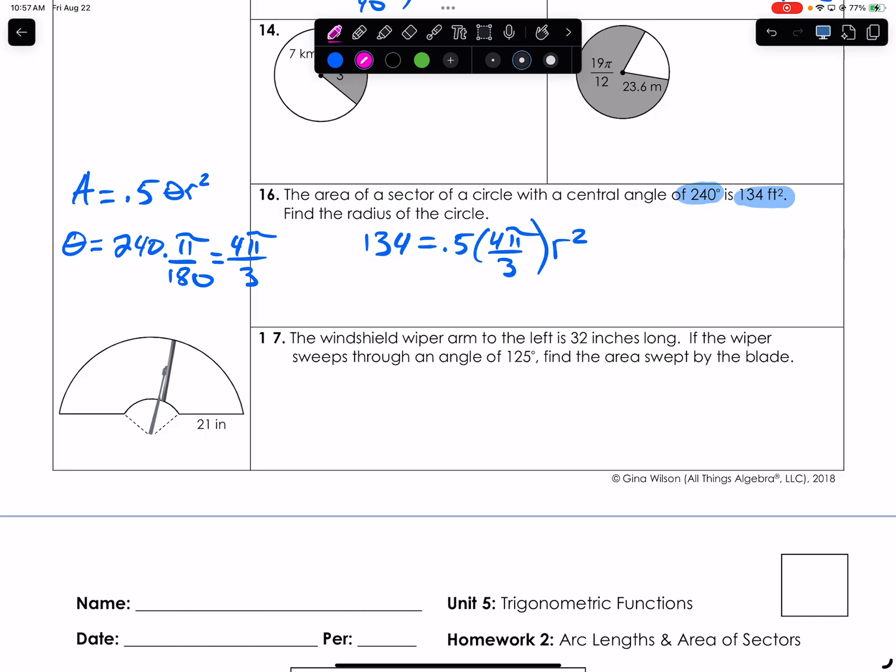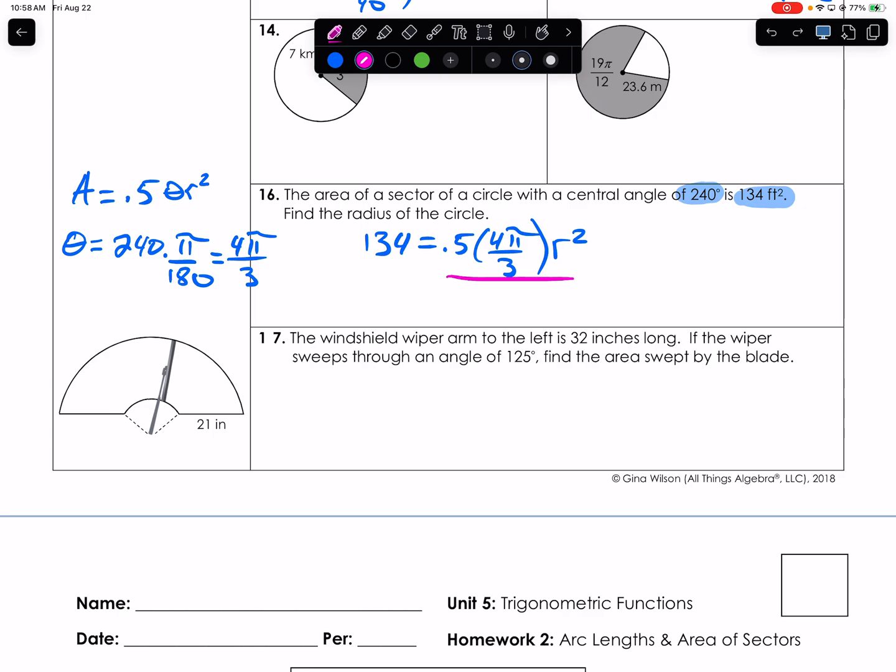So if it's me in the graphing calculator, if we do 0.5 times 4 pi over 3, what do we get? What's half of 4 pi over 3? 4 pi over 6, right? Because we're multiplying by 1/2. 4 pi over 6 reduces to what? 2 pi over 3. So you could think like what's half of 4, 2, and do it that way. You could also say 4 pi over 6.